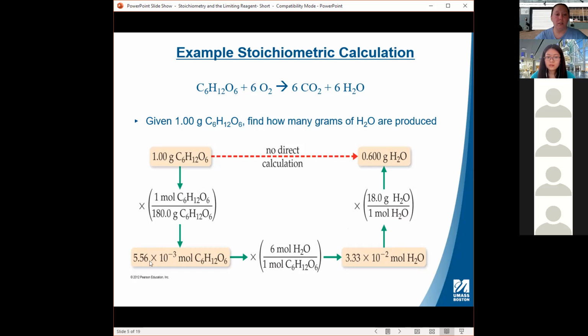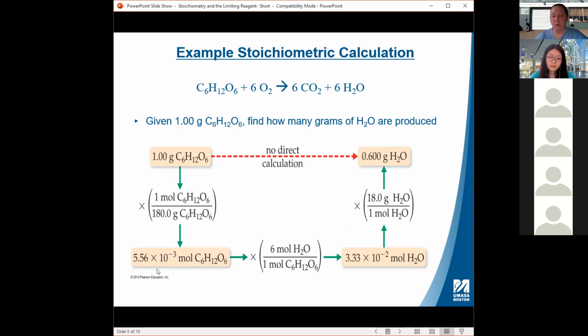So the next thing we need to do is multiply our moles of sugar that we just found. Our 5.56 times 10 to the minus 3rd moles of sugar, that's how much we're starting with. We multiply that by 6 moles of water over 1 mole of sugar.